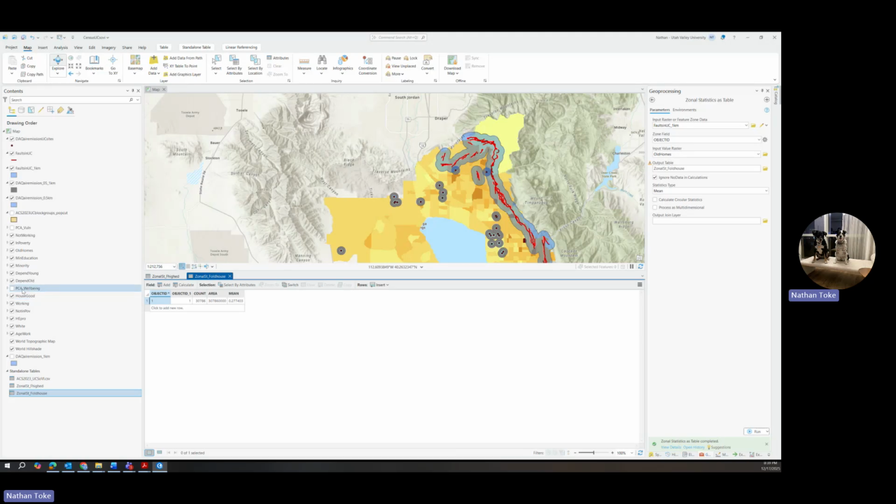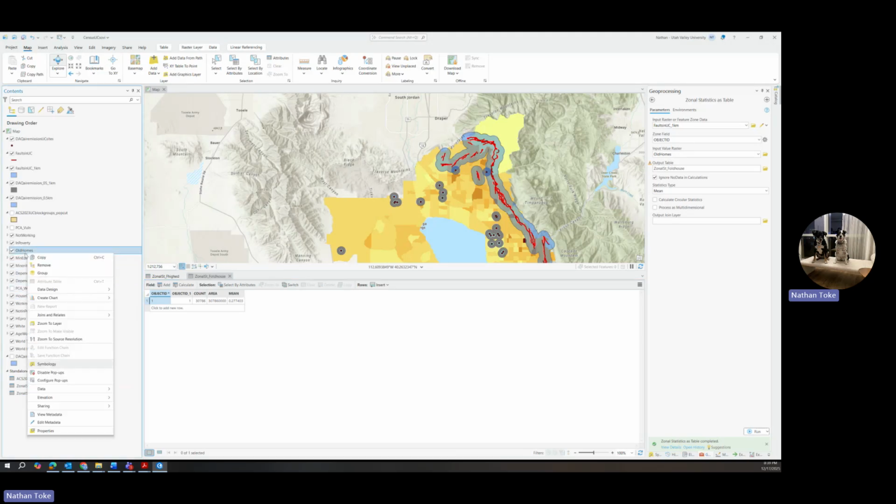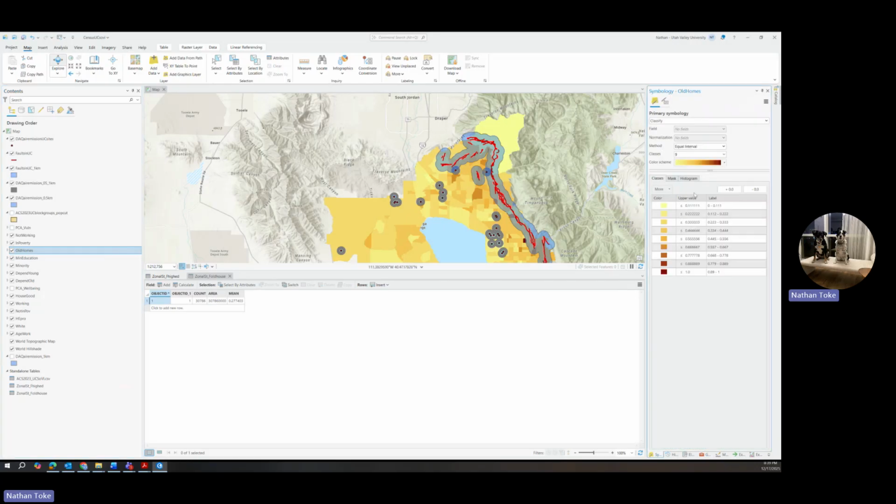How does that relate to on average? So if we look at old homes, symbology, histogram, show statistics, on average, it's more like 22%. So there are more old homes within those fault zone areas than across the overall area. So that's a concern for vulnerability.